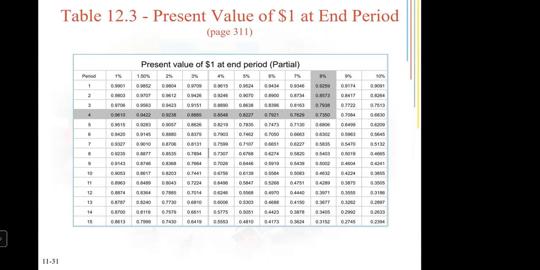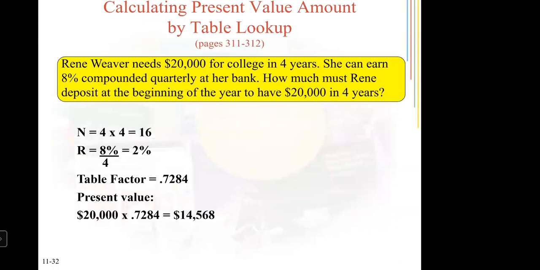But if you know your future value, you know what you want to achieve and you want to find out how much must I invest today to get it, then you're looking at a table where the values have to be less than 1, as these values are, okay? So this here is an example of a type of question that you will be using the present value table for. So this person needs $20,000 for college in 4 years' time.